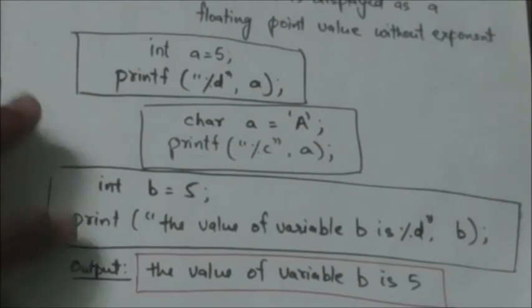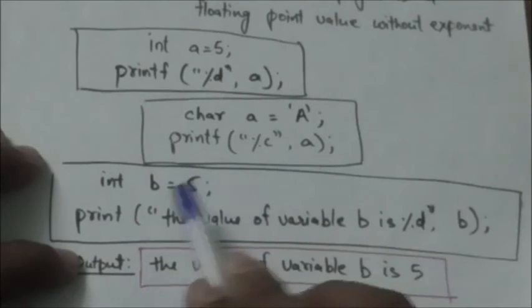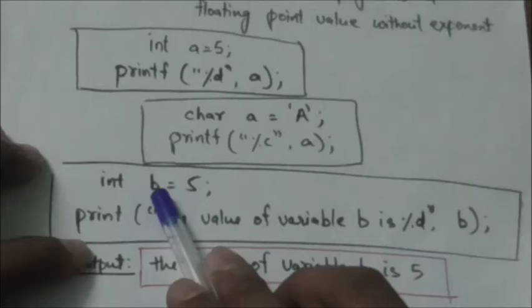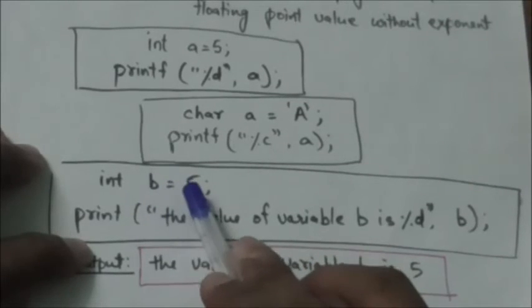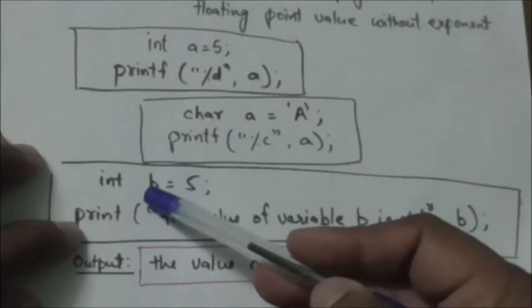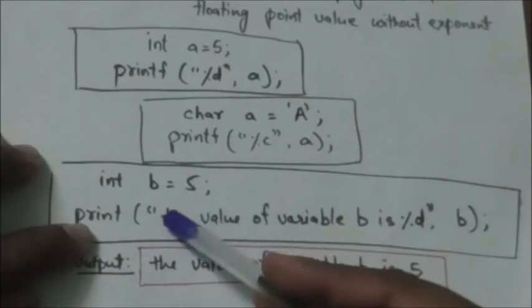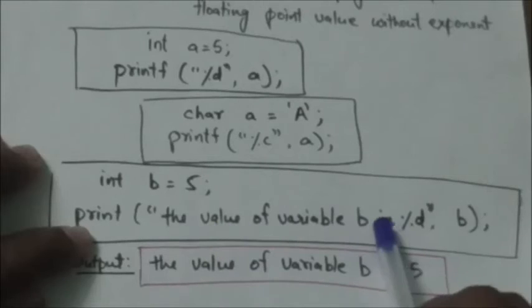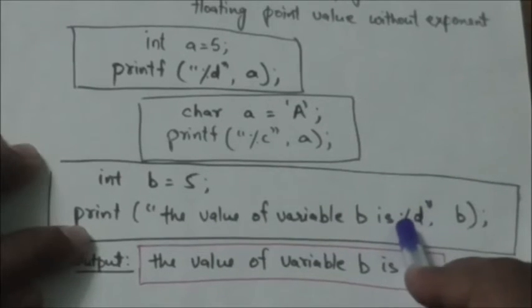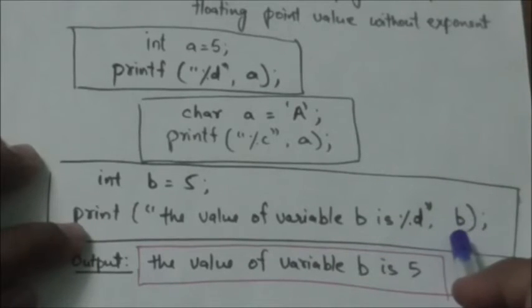Now see another example. Suppose there is an integer variable b and its value is 5. Now I want to print the value of this variable b along with a message. In that case, in the control string I will write the message along with the character group which corresponds to the argument, variable b.